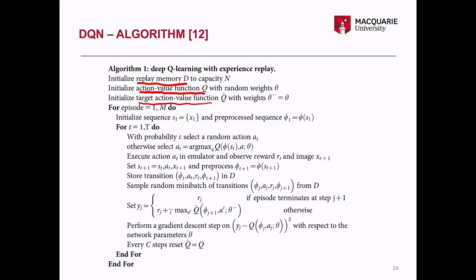You basically initialize the two networks. That's it. And then this is the MDP loop. You're familiar with the MDP loop. We initialize our environment, and we preprocess the sequence.